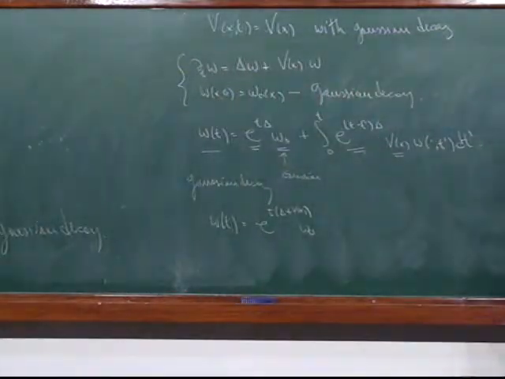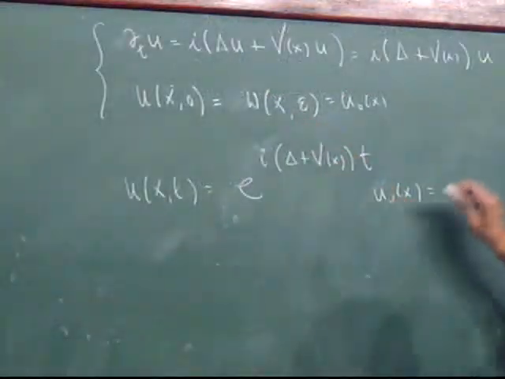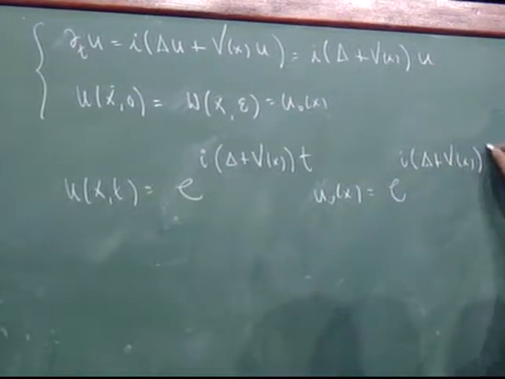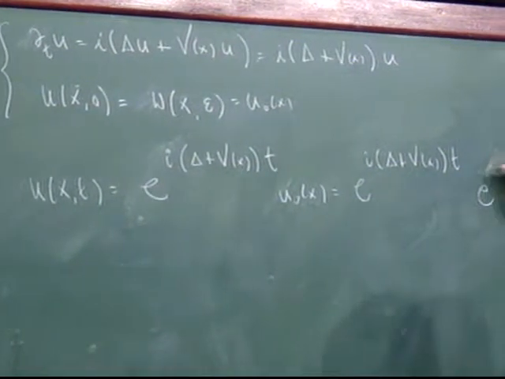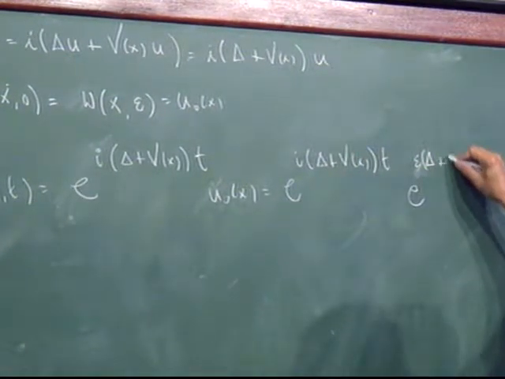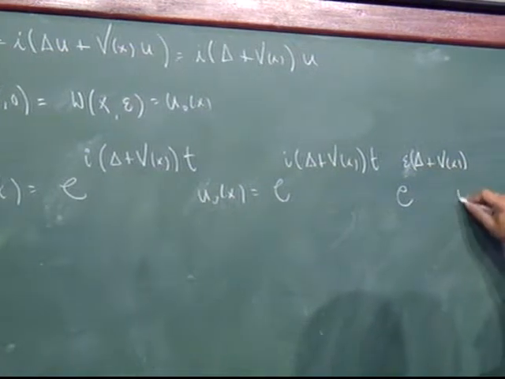Therefore, this one is the solution of this. This is e to the i Laplacian plus b of x t, e to the Laplacian with an epsilon, because it's at the time epsilon, plus b of x, W of 0.